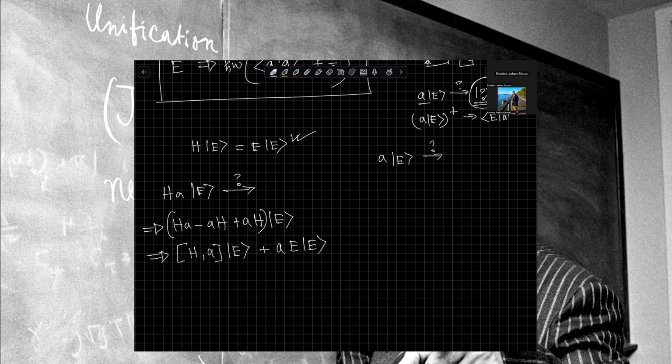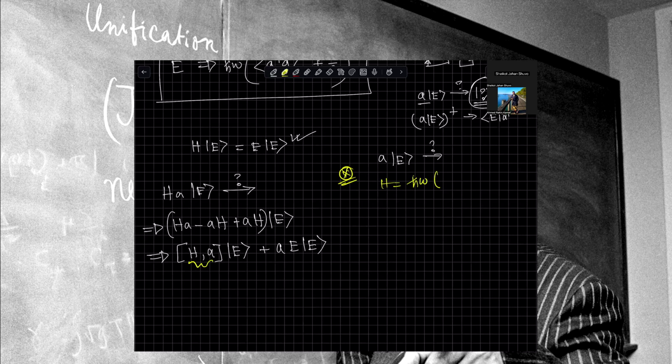So now somehow I need to figure out what is the H commutator with A. H commutator A. This is another exercise. You should do it using the fact that H can be written as H bar omega.